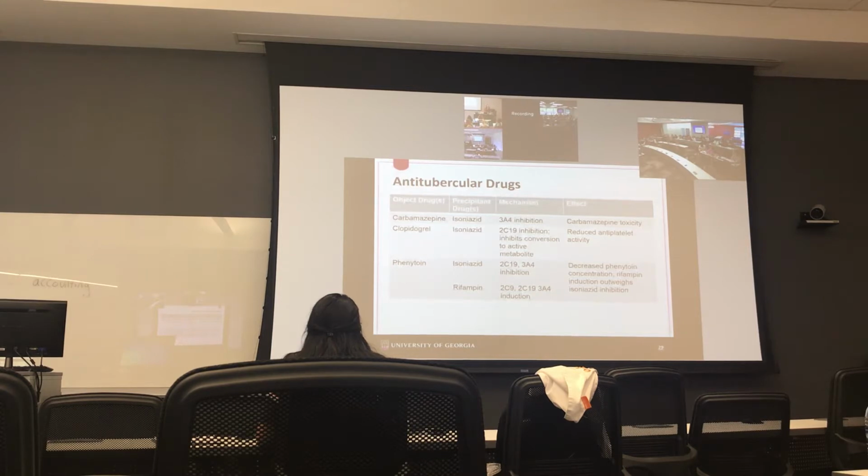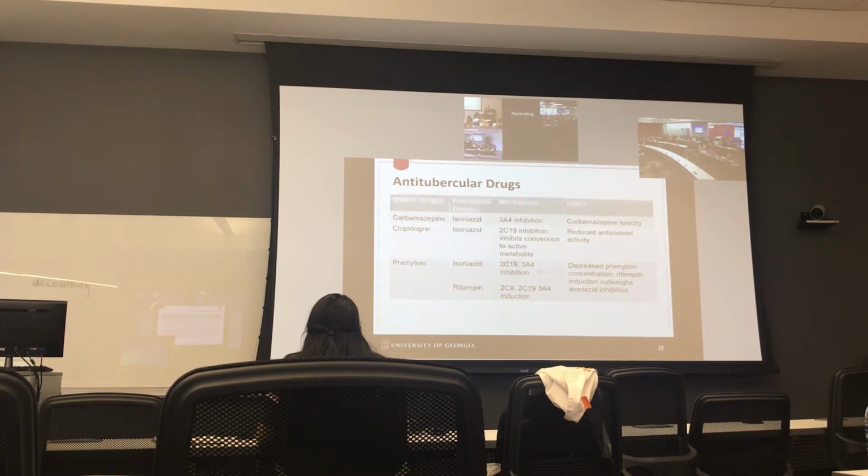The interaction with phenytoin will be opposite effects with isoniazid and rifampin. And this interaction is with multiple cytochrome P450 enzymes. So isoniazid inhibits 2C19 and 3A4, which phenytoin is metabolized by, and rifampin induces 2C9, 2C19, and 3A4, which phenytoin is metabolized by. So typically, isoniazid and rifampin are used in combination as part of our RIPE therapy.